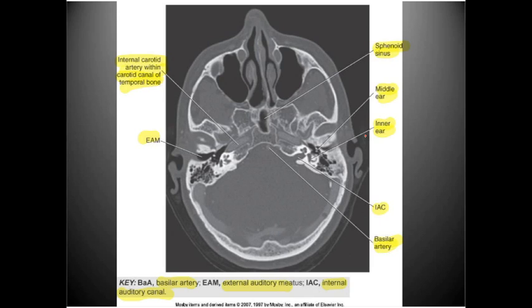So here we have what is very difficult to discern because we are looking at this in terms of bone windows, probably looking for bony abnormalities.